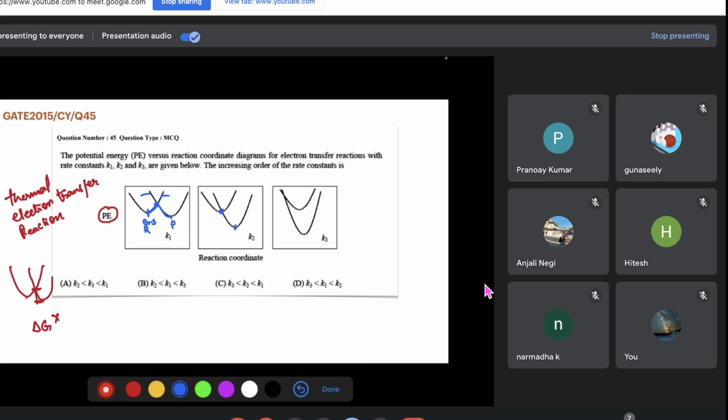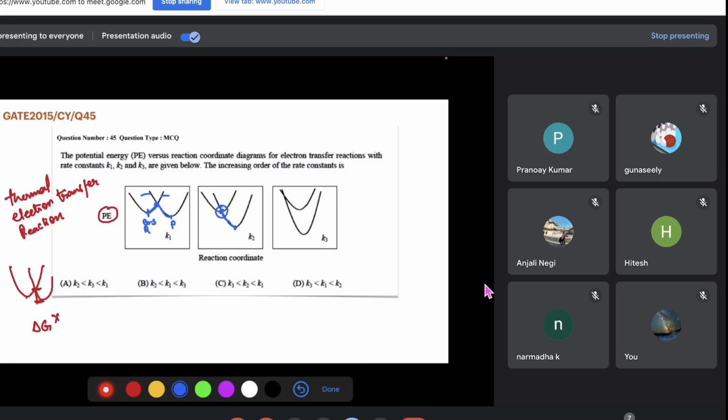But what is happening in this particular curve is that in the ground state of my reactant only, it can actually jump to the product, and hence there is no further delta G needed, or extra collision energy needed, for my reactant to get excited and increase its energy.